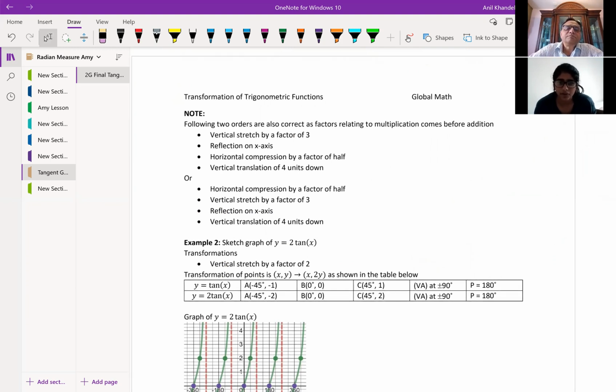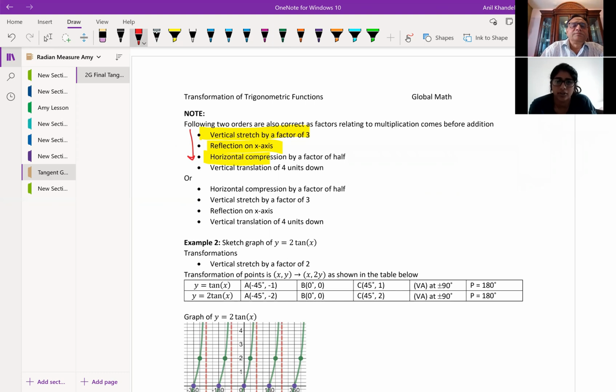So the following two orders are also correct, as factors relating to multiplication come before addition. A vertical stretch by a factor of 3, reflection on the x-axis, horizontal compression by a factor of a half, and vertical translation of 4 units down.